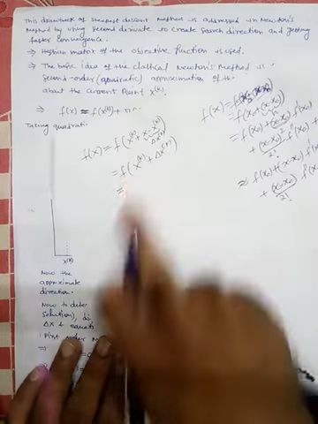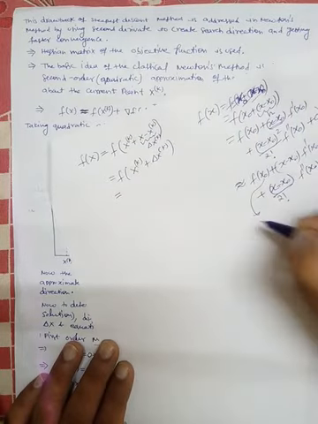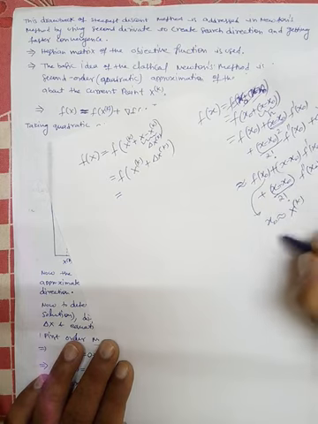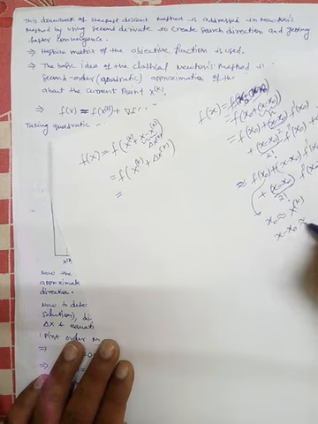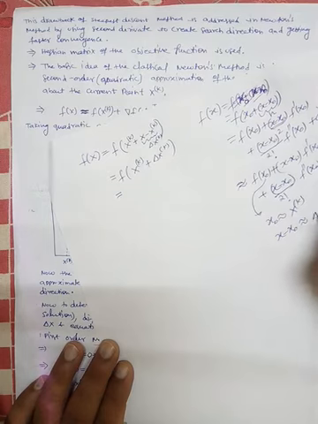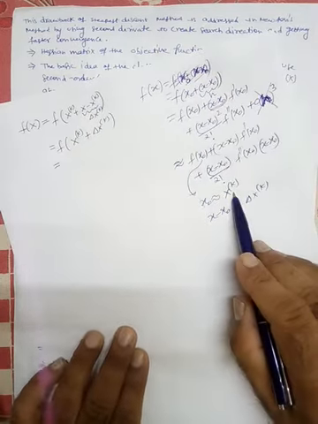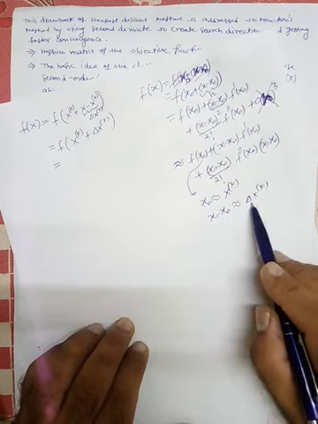Now in our case, x naught is replaced by xk, and x minus x naught is replaced by delta xk.